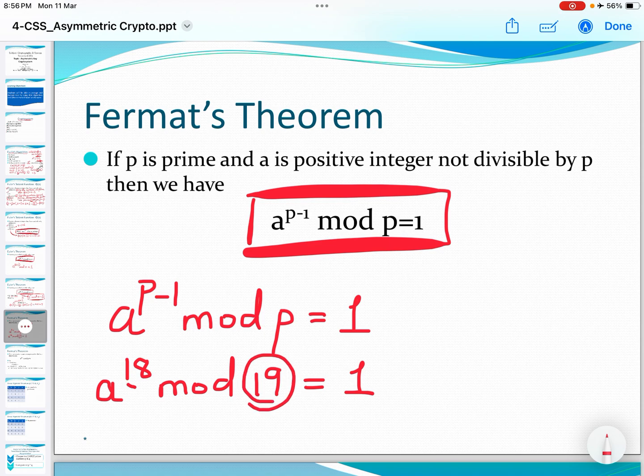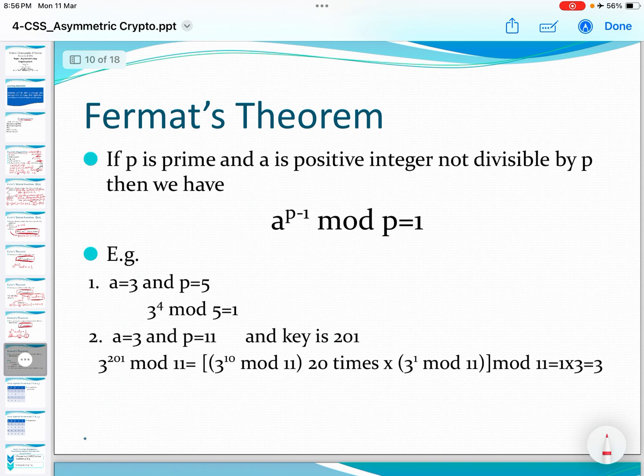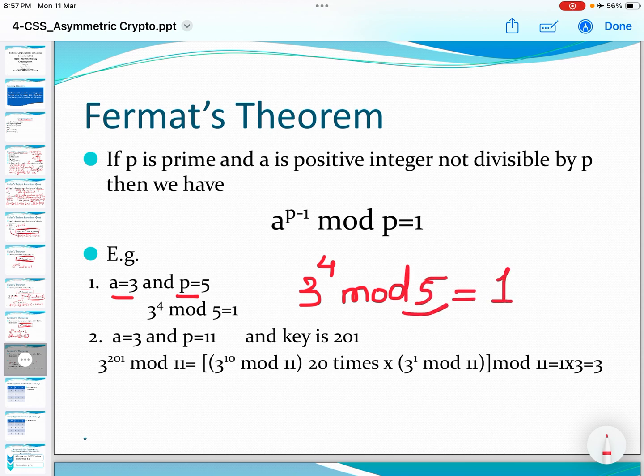This number is 1 less than P, that is P minus 1, then your answer will always be equal to 1. So in this example, A is 3, P is 5. So 3 raised to 4 mod 5 will always be equal to 1.